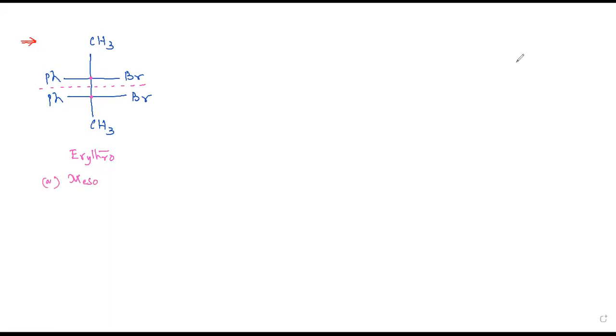See, in general, try to recall your memory. TAM, trans compound, anti-addition results in a meso compound. It's of course reverse now. You are eliminating, not adding. In this case, with the zinc dust in alcohol, as I said, it has to be anti-periplanar.